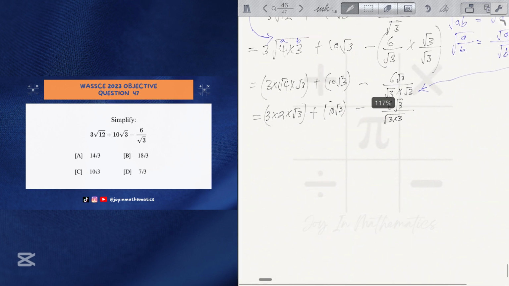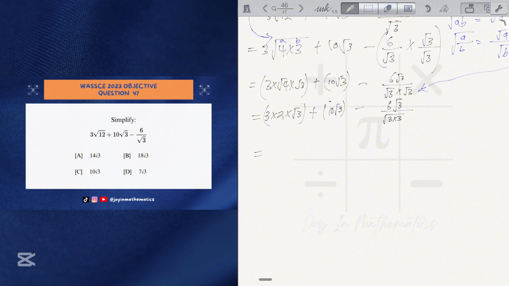If we simplify this further, this will give us 6 root 3 plus 10 root 3 minus 6 root 3 divided by root 3 multiplied by root 3, which is going to give us root 9. So instead of writing root 9, we can just write 3. So let's write it to be 6 root 3 plus 10 root 3 minus 6 over root 3 divided by 3.